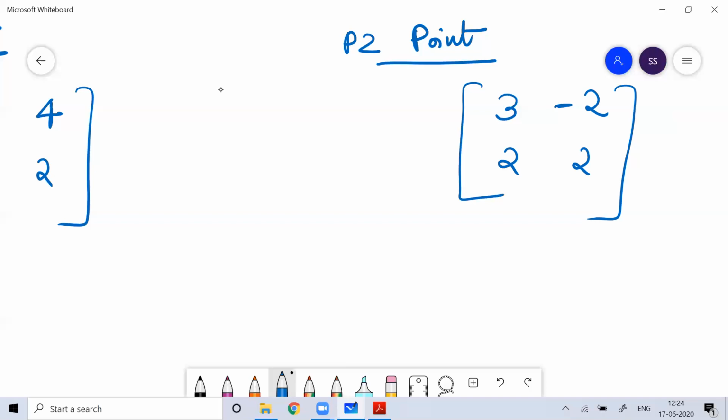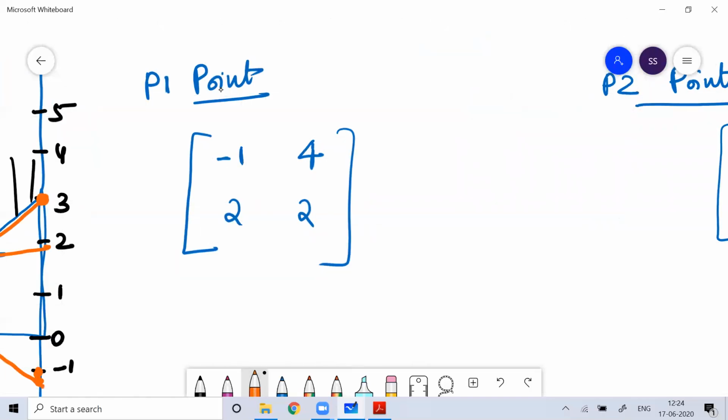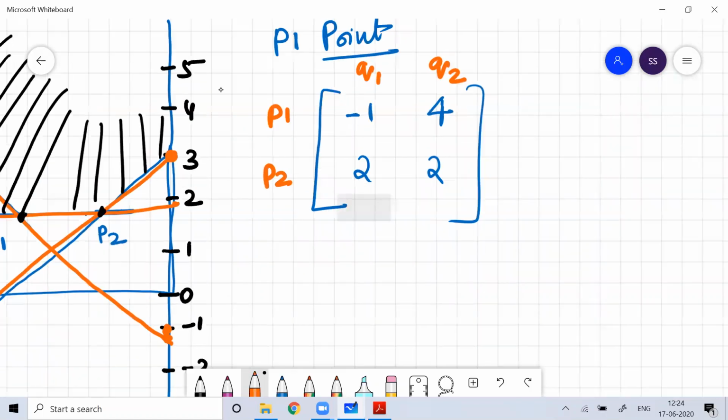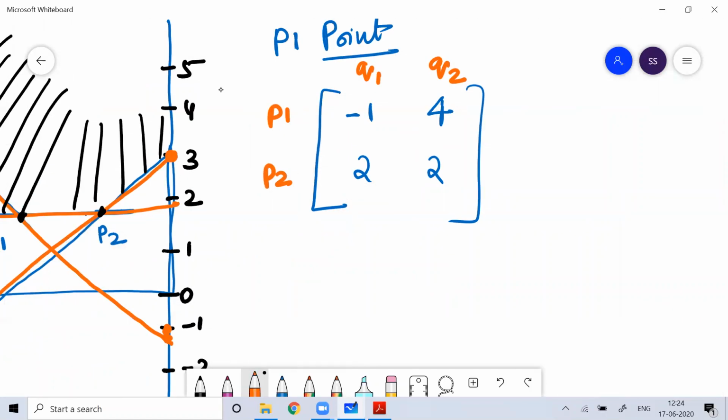So both we will try to determine. If I use probability, this is P1, this is P2, this is Q1, this is Q2. Here I can use probability to solve this problem.